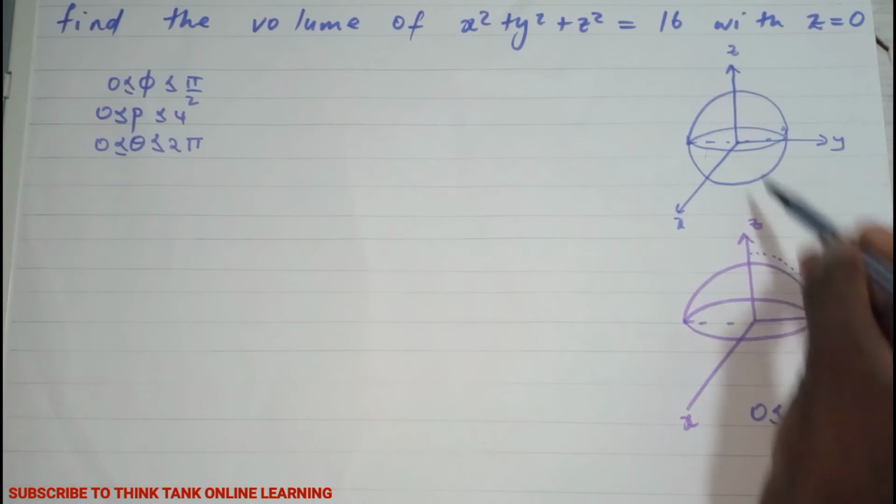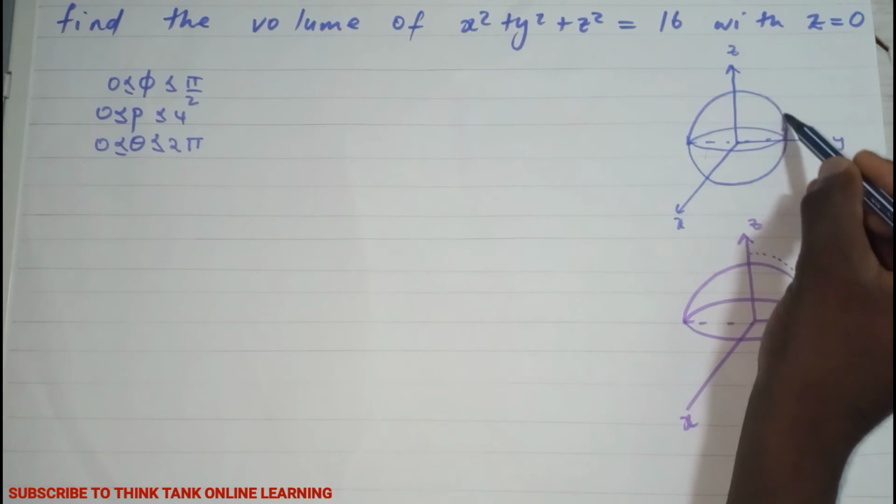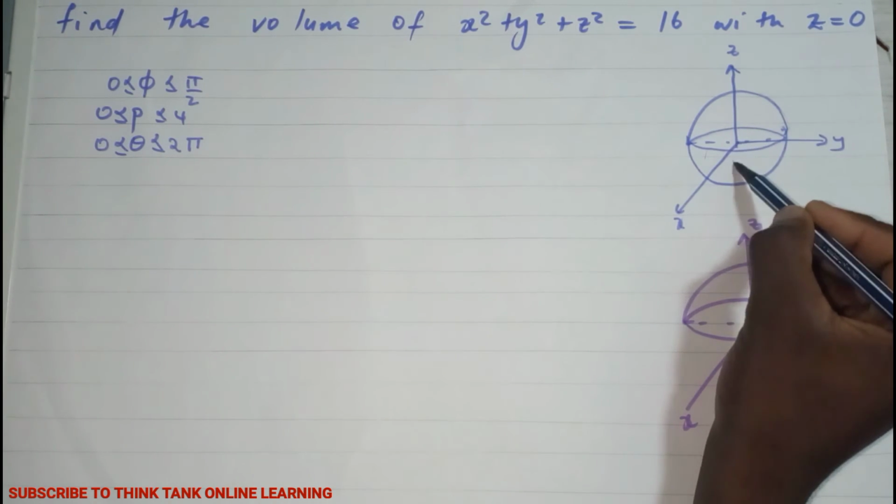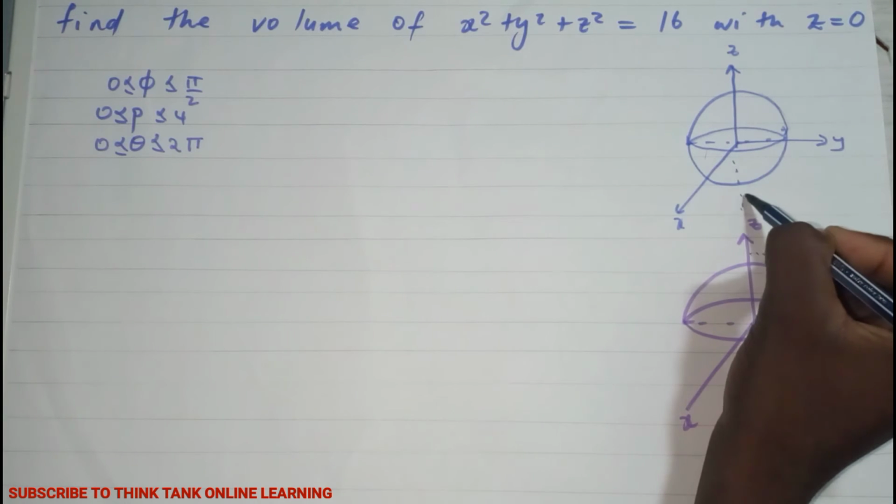So if it was a full sphere, phi would have been 0 to pi.